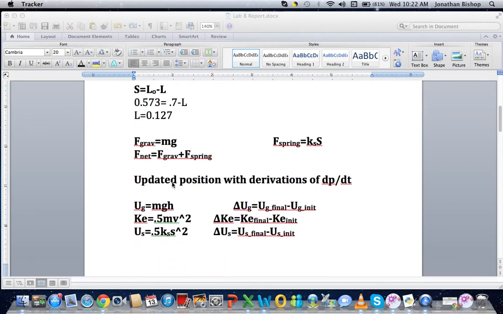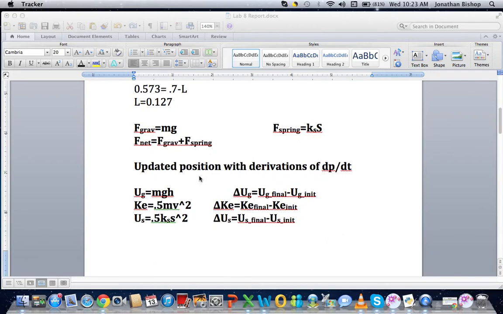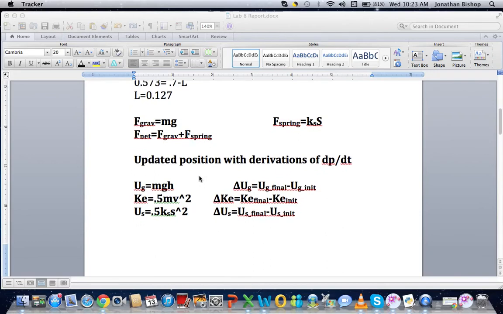In my model, you'll see that I use force of gravity, the force of spring, and the net force F net. The force of gravity is mass times the g constant, the force of spring is the spring constant times the change in length, and the net force is both of them added together. And to find the position of my mass in the model, I use the momentum principle, which is dp/dt equals F net.